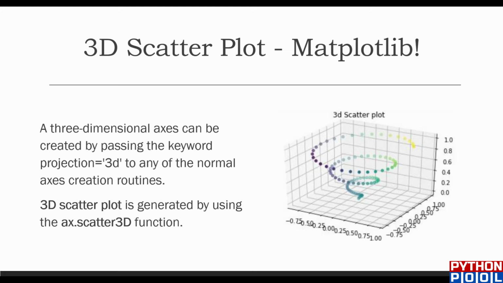We know how to define a normal axis; we have done plenty of graphs with that. So we just need to pass a specific property, that is projection, and set it to 3D to define a 3D axis in Matplotlib. In the scatter plot, we use the scatter3D function. It would be scattering the values, or the function values or parameters, and defining the graph points accordingly. So let's see in Python how we define this type of graph.